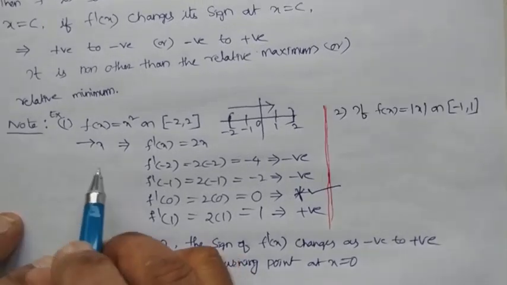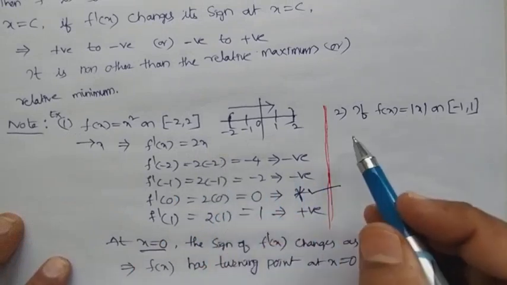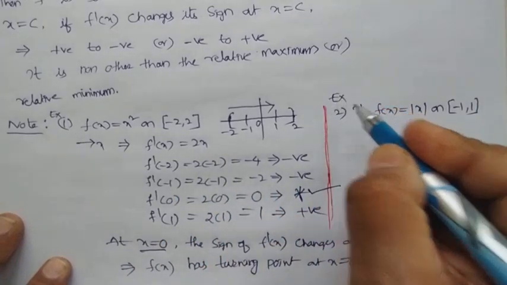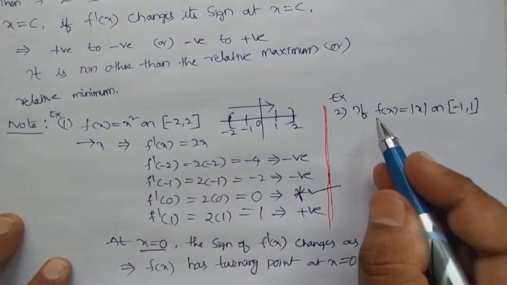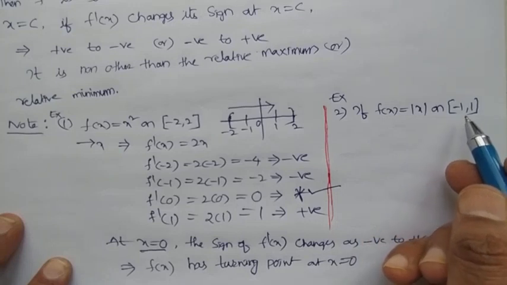So I want to explain the note by comparing these two examples. So this is example number 2. Here the function is mod x defined on the closed interval minus 1 comma 1.